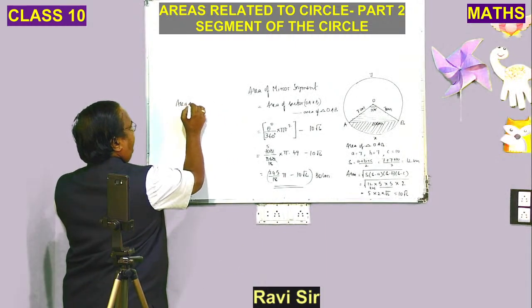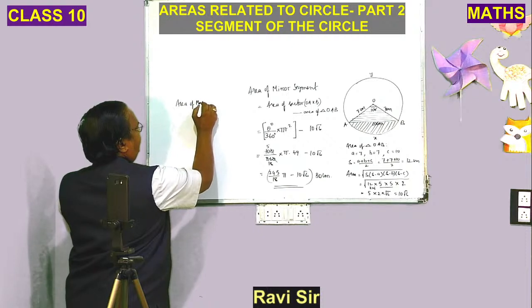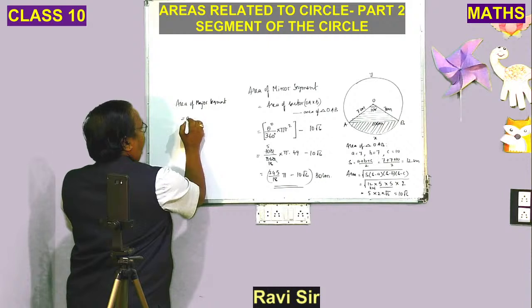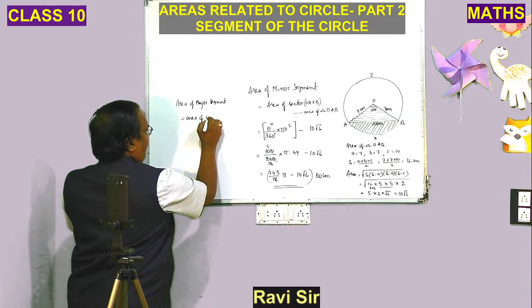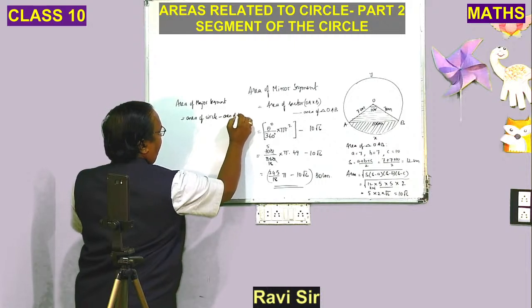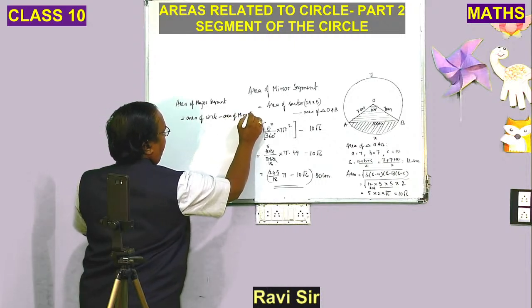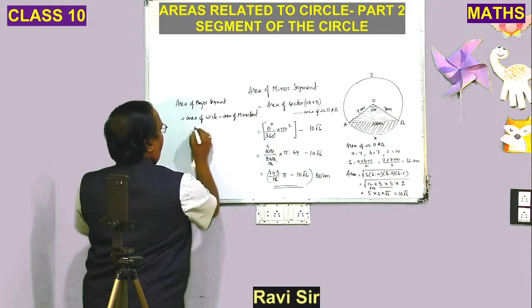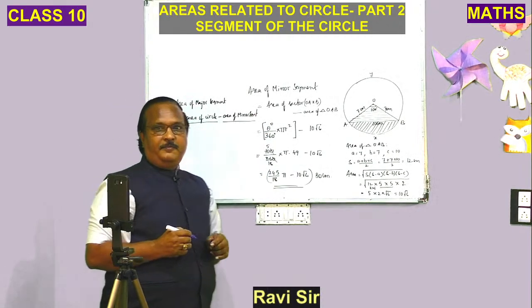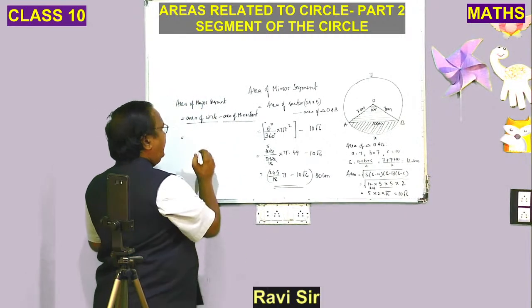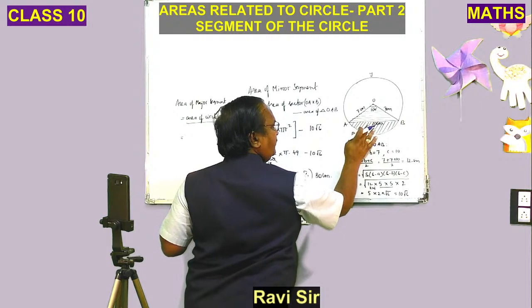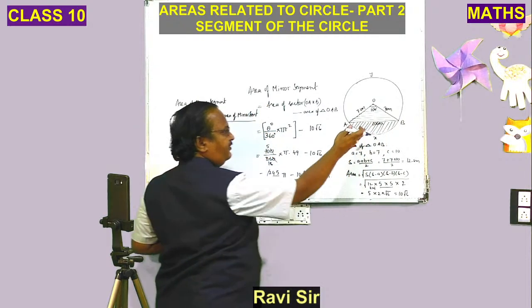So, area of a major segment is equal to the area of the whole circle minus the area of a minor segment. This is because this entire thing is a circle. The diagonal shading we have already calculated.